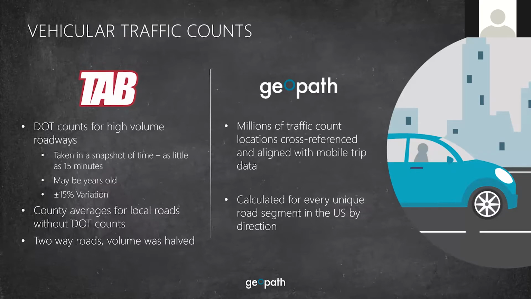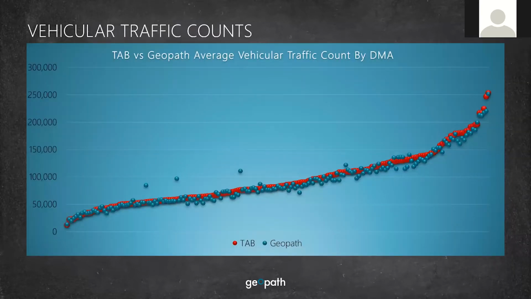Now, if we want to look back a little bit, you can see sort of the trending across the markets, very, very close, looking at a macro level for the average vehicular traffic counts for the roadways and the inventory that we are comparing. There's a couple markets where you might see some big changes, but for the most part, very, very close to what we've been seeing across the board.